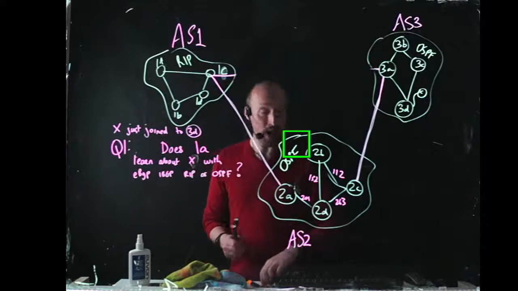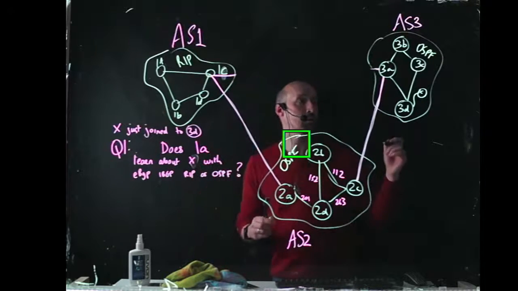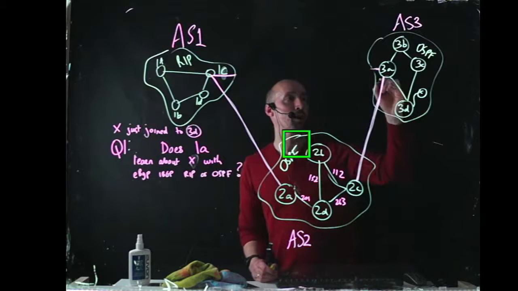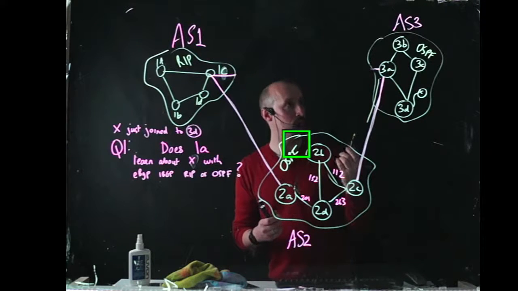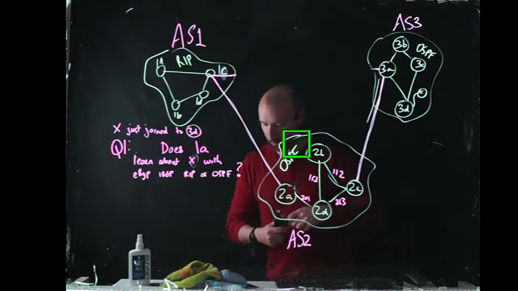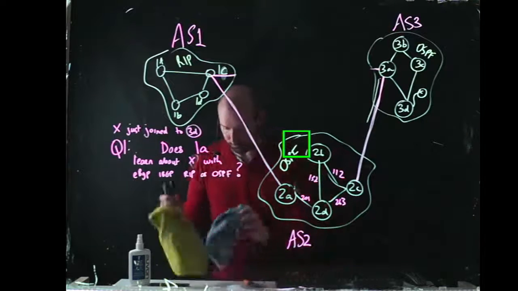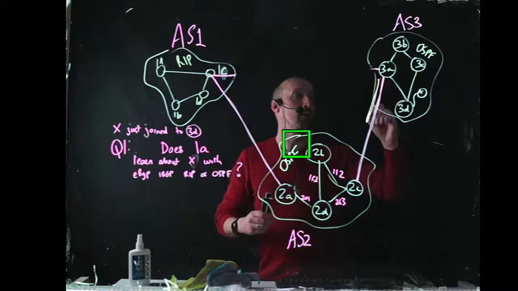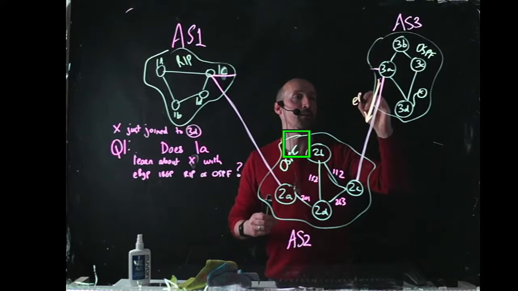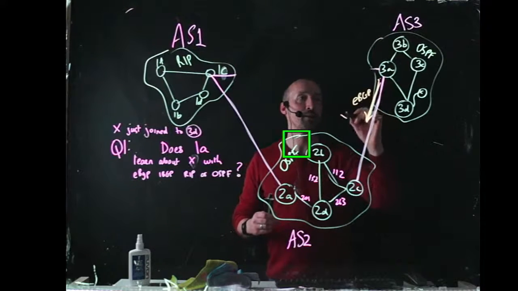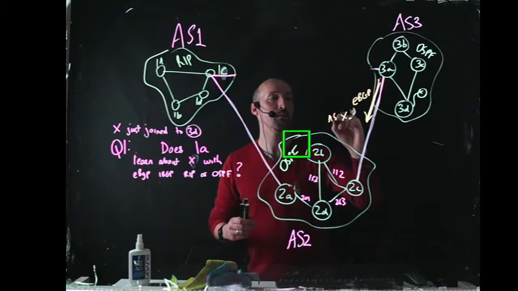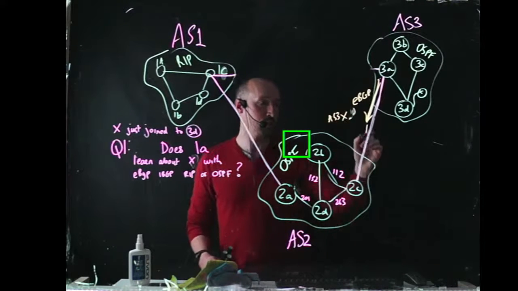So I can tell you what's going to happen here. X has just joined here, so we're going to get a BGP message coming this way. We'll go to orange. So we've got our eBGP coming down here saying AS3, X. Then that's reached here by 2C.